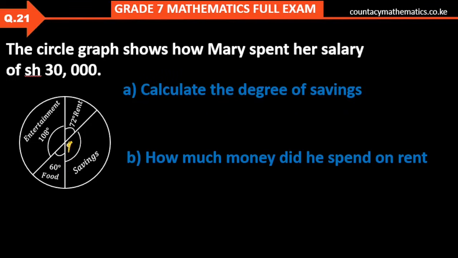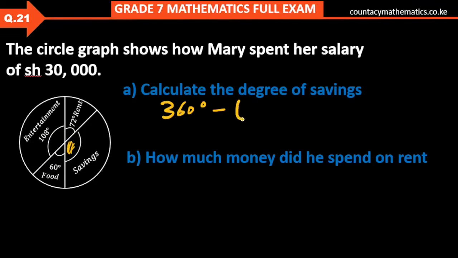Where is savings? This angle here. So to be able to calculate this angle here, what you are supposed to know is that the total degrees in this circle is 360. And to be able to get this particular angle, we should minus each and every angle that is there so that we can be able to get the remaining angle.